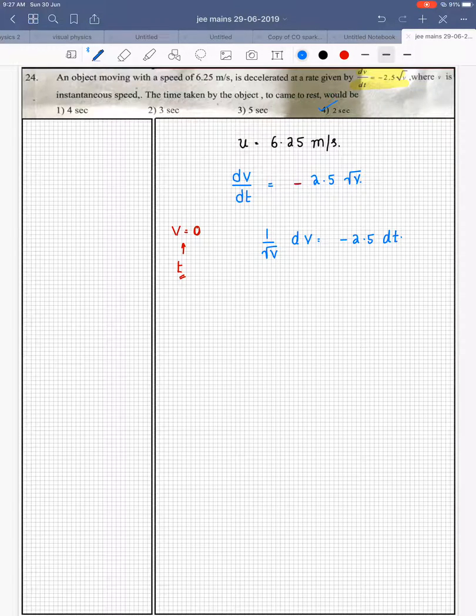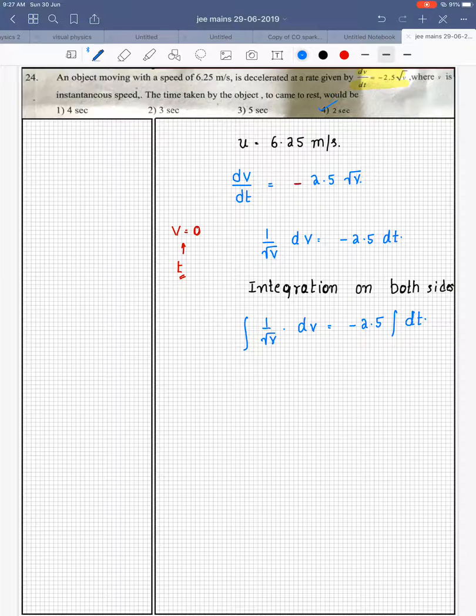And here I'll apply integration on both sides. So you get integral 1 by root v dv equals minus 2.5 integral dt.